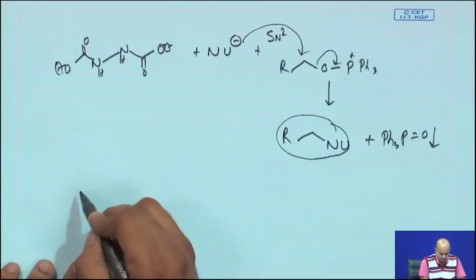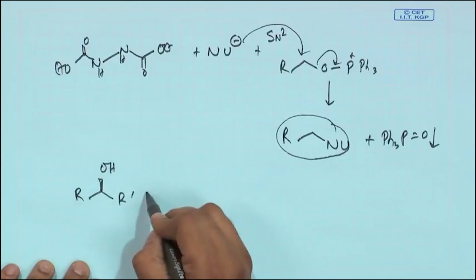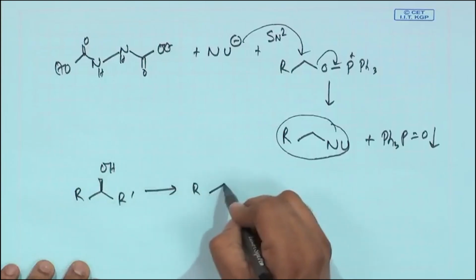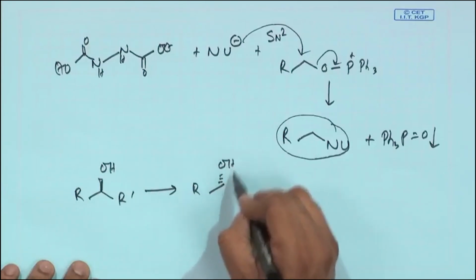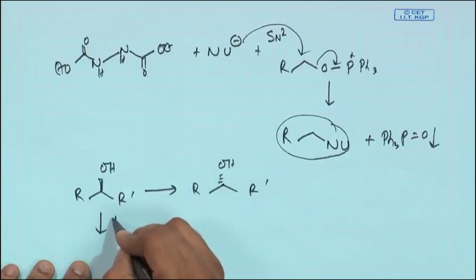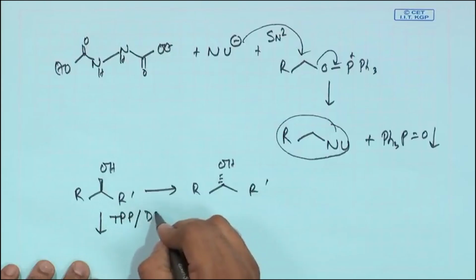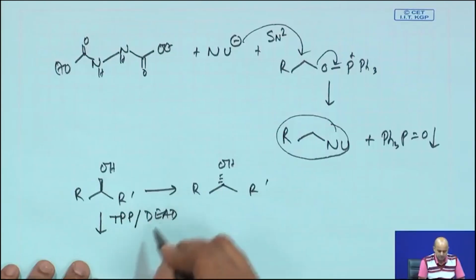So, the problem which I am now trying to address: if you have a compound something like this, how can you invert this alcohol? The best way to do it is the Mitsunobu reaction, you react with triphenylphosphine, react with DEAD, but what about the nucleophile?